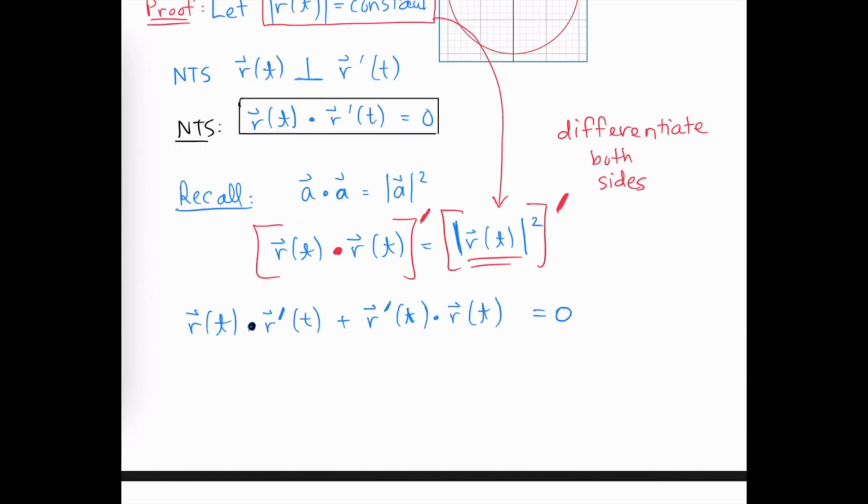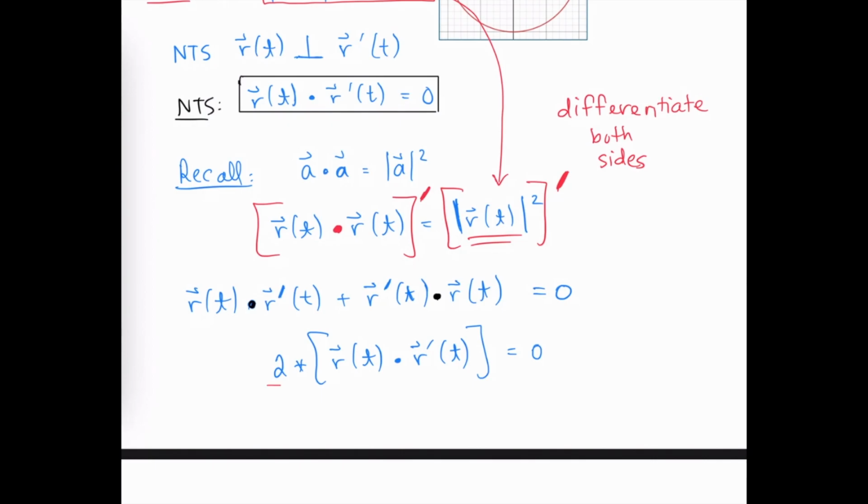Another property of the dot product is that the dot product is commutative, which means that r dot r prime is the same thing as r prime dot r, and so we could call this 2 times the dot product of r dot r prime, which is equal to 0.